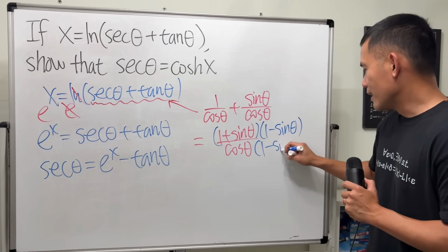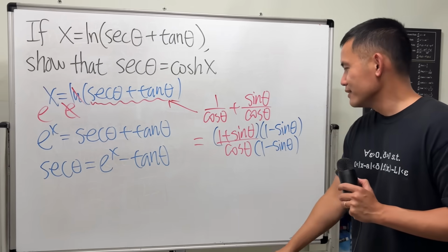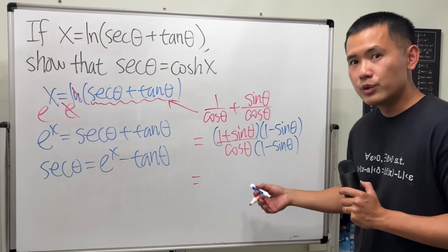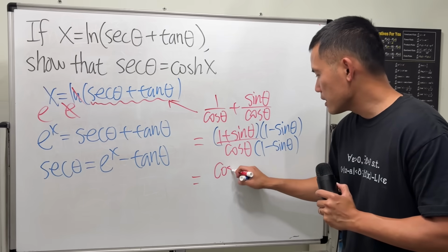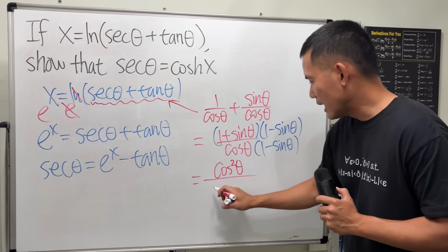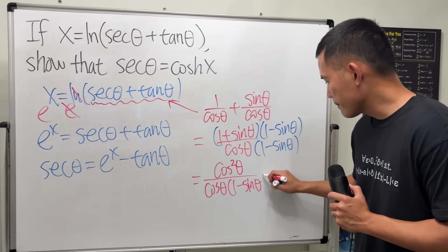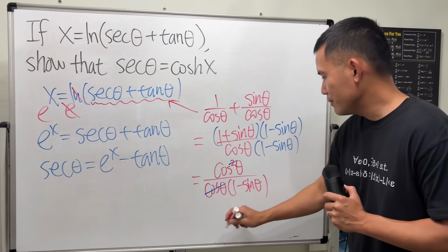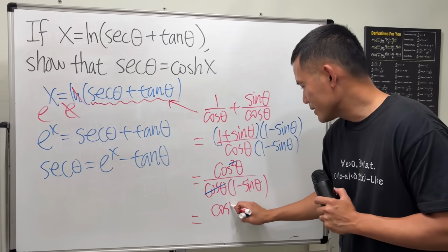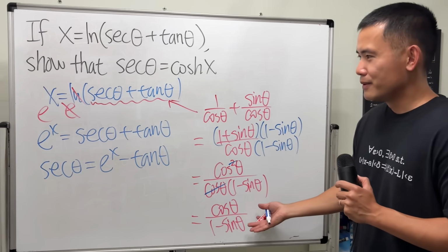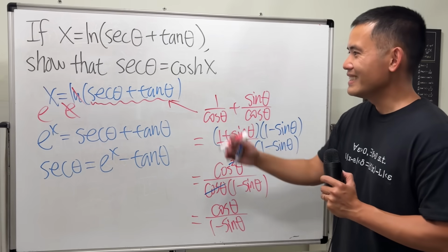I don't know. I thought it would work, but it didn't. The top is going to be 1 minus sine squared, which is cosine squared. And the bottom we have cosine theta and 1 minus sine theta. Cancel one of them, and we end up with cosine theta over 1 minus sine theta. Pretty nice, but it didn't help.